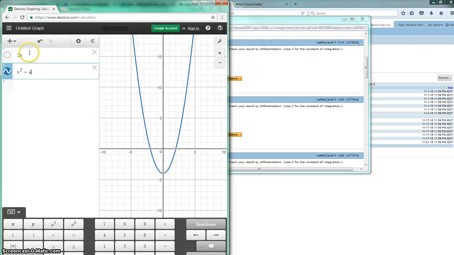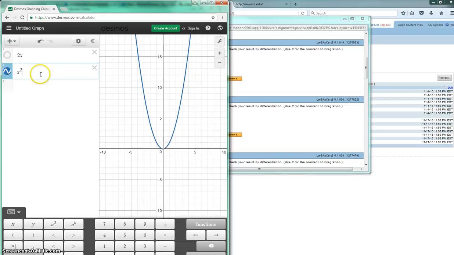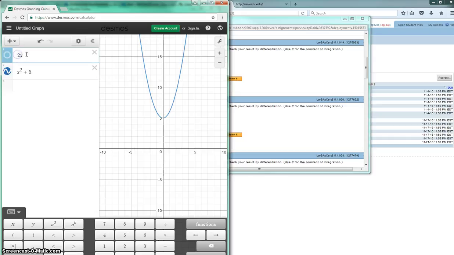Just because this thing is lower or higher, it doesn't mean that the slope at that point has changed at all. So if I do plus 5, and I have this slope generating function that we find is 2x, the derivative of x squared plus 5 is 2x. If I evaluate f of negative 1, I get negative 2.